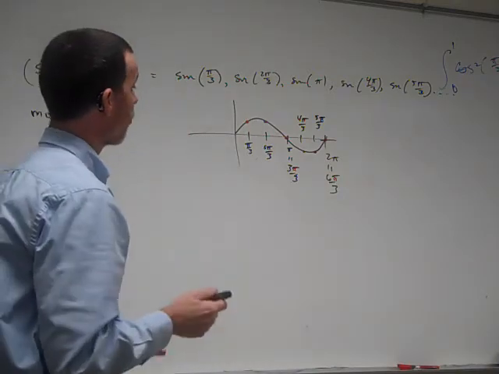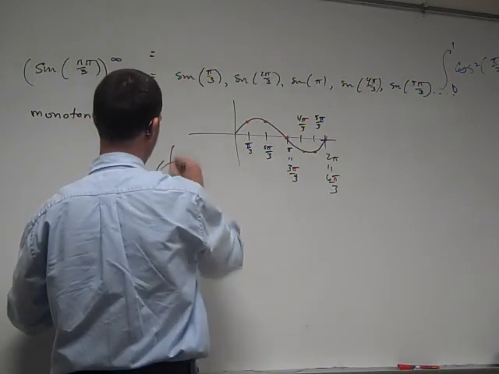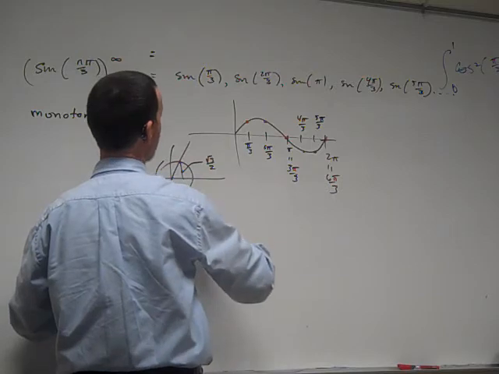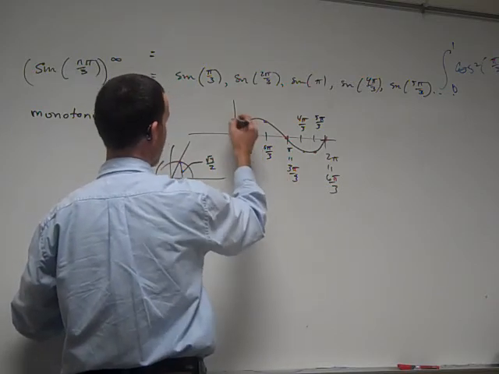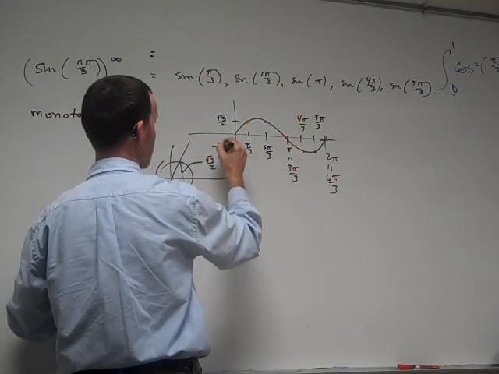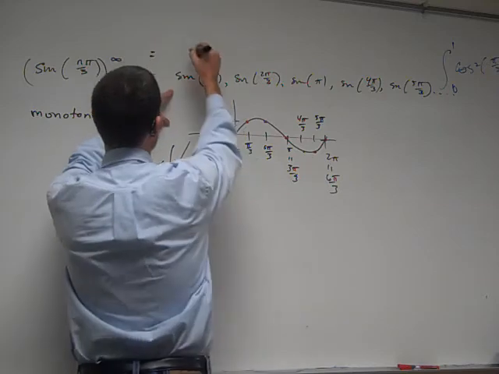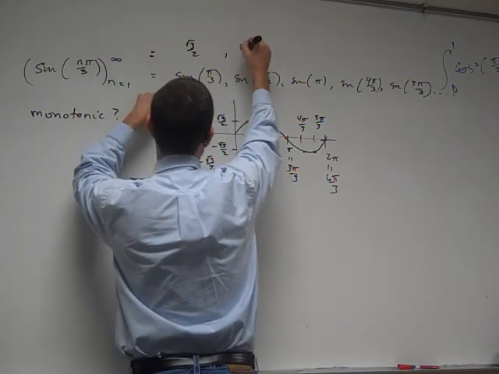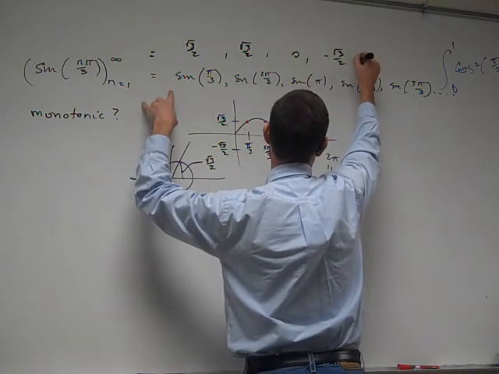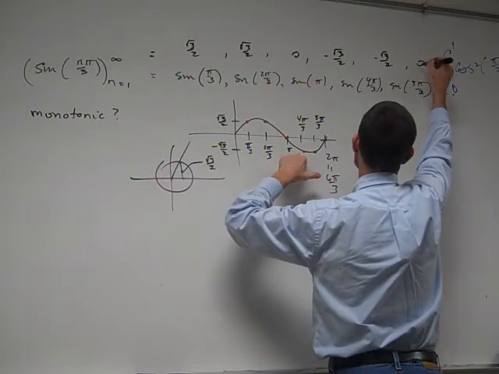Sine of pi over 3, look at the unit circle, pi over 3 is right there. That's root 3 over 2. So I know for a fact this height here is root 3 over 2, and this depth is negative root 3 over 2. So if I write them out, I've got root 3 over 2, root 3 over 2, 0, negative root 3 over 2, negative root 3 over 2, 0.